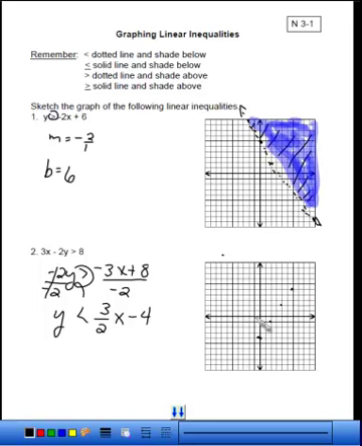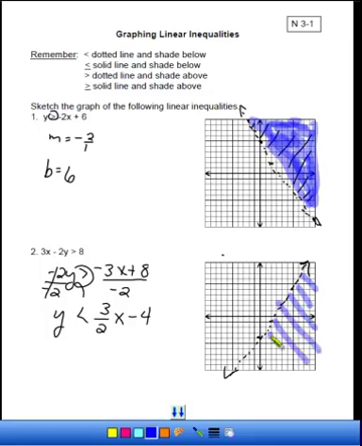Now, there's no line underneath; it's just a less than rather than less than or equal to. So we have a dotted line. Y is less than the line, so we're going to shade below the line right here. That's where y is less than the line.